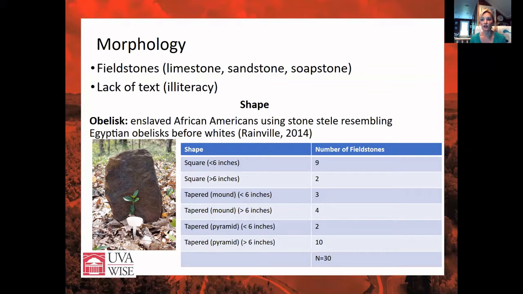These vernacular grave markers have no dates, no names. The time, money, and perseverance required to carve them would have been hard to find. And more importantly, those anti-literacy laws passed in the early 1830s that we talked about for African Americans would contribute to why the gravestones look this way.